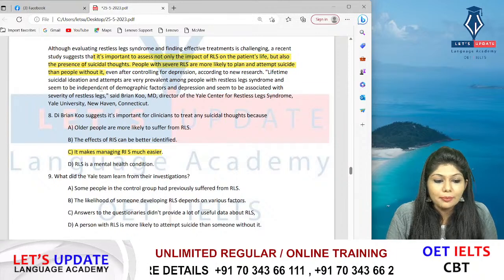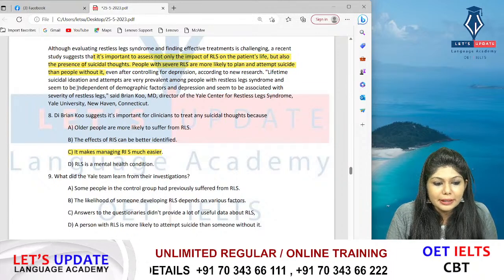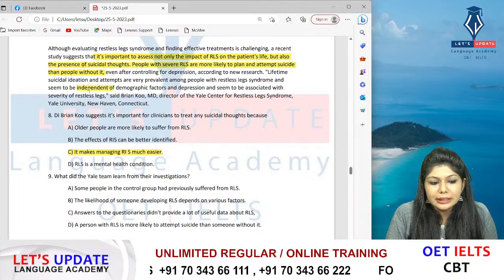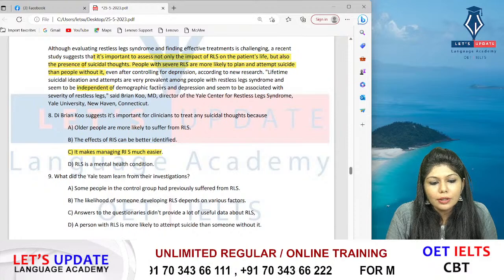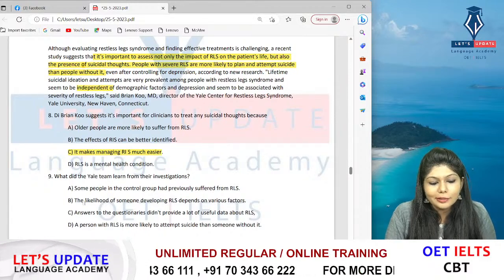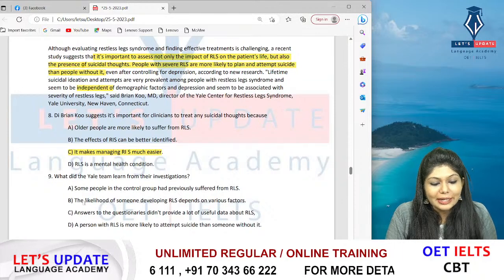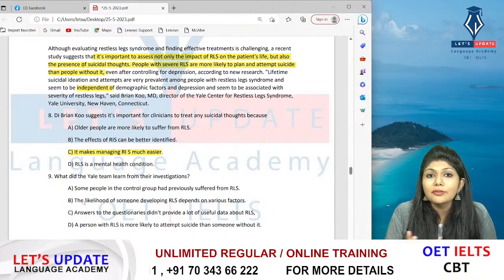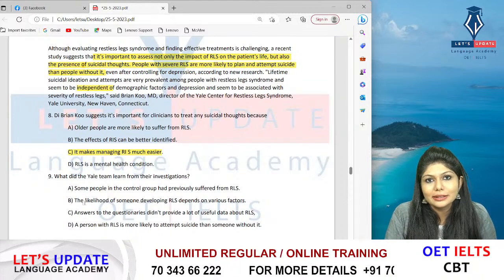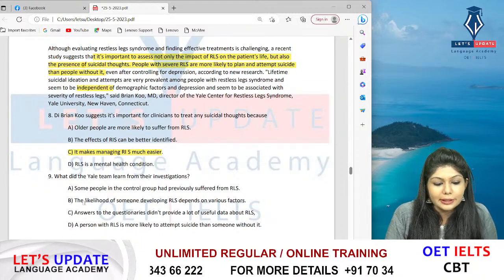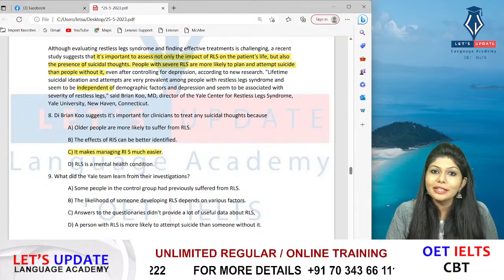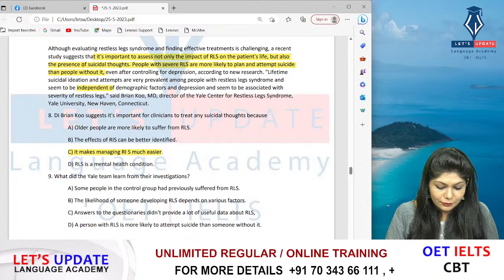Note that word. That means it is not dependent on other factors. So how can you go with B? The likelihood of someone developing RLS depends on various factors. They are saying that it's not dependent on these various factors, so it's independent. So you cannot go with B. That is something that you're going to eliminate first.